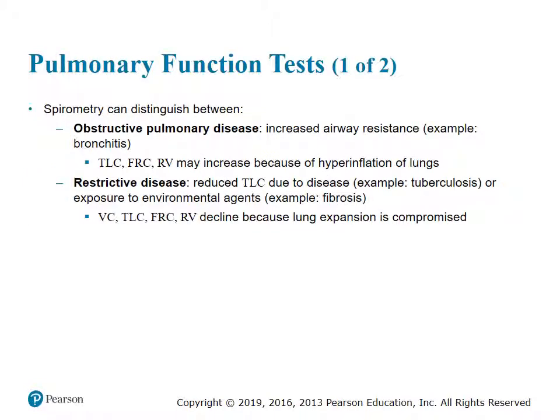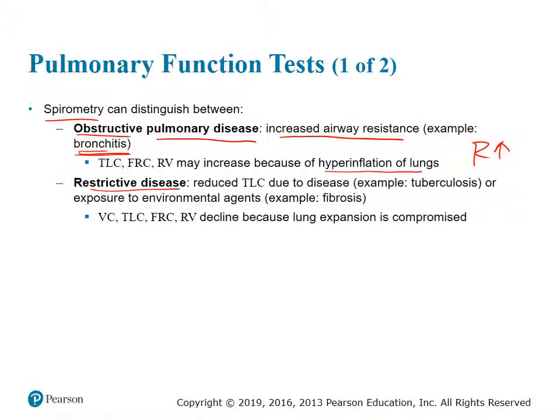Let's take a look at these function tests. The spirometer can look at a couple of these. Obstructive pulmonary disease is something that increases airway resistance. Bronchitis can do this, because you have inflammation.